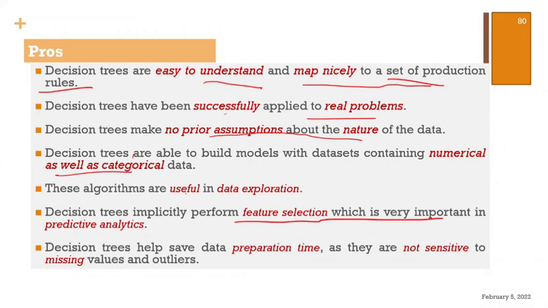Unlike other classifiers, you have to explicitly use feature selection algorithm before you use them. But decision tree on its own has an inbuilt feature selection that automatically selects the features that are better for your data partitioning. And of course, it can save the data preparation time as they are not sensitive to missing values and outliers.